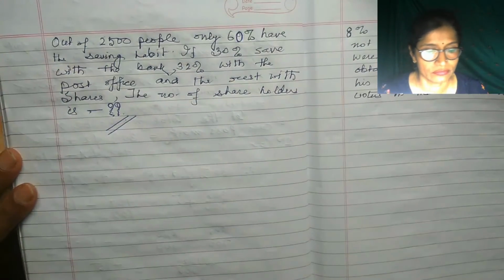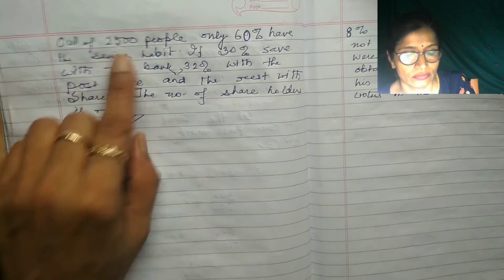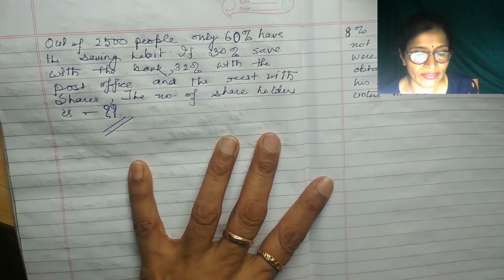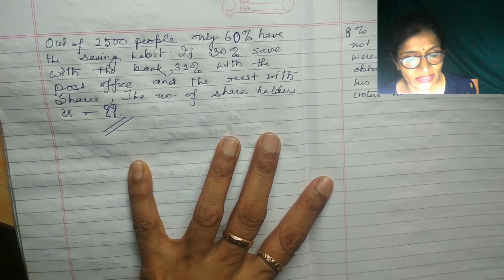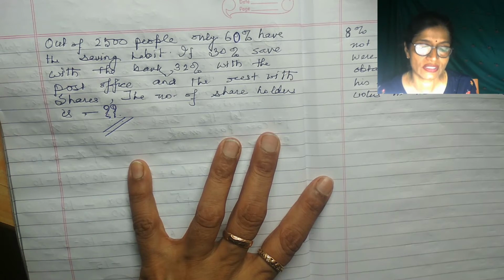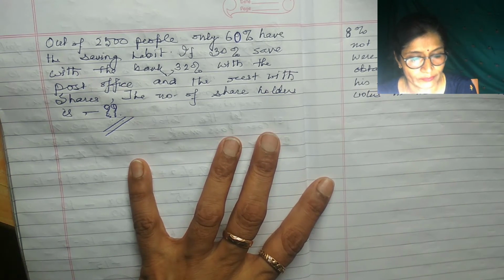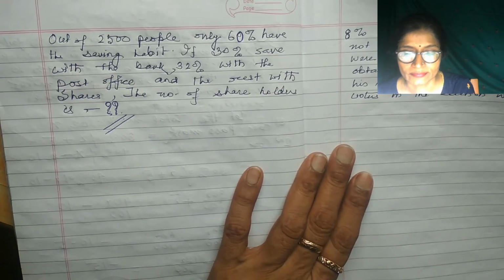That is the question. Total 2,500 people, only 60% have the saving habit, 30% save with the bank, 32% with the post office, and the rest with the shares. Then the number of shareholders is. Do this sum by yourself.